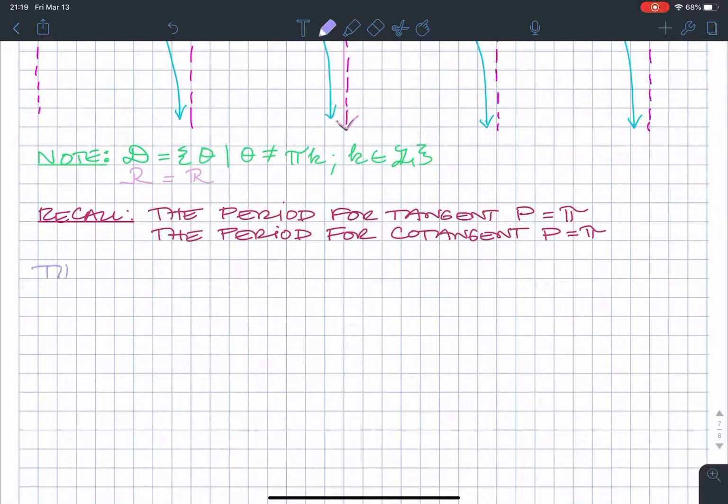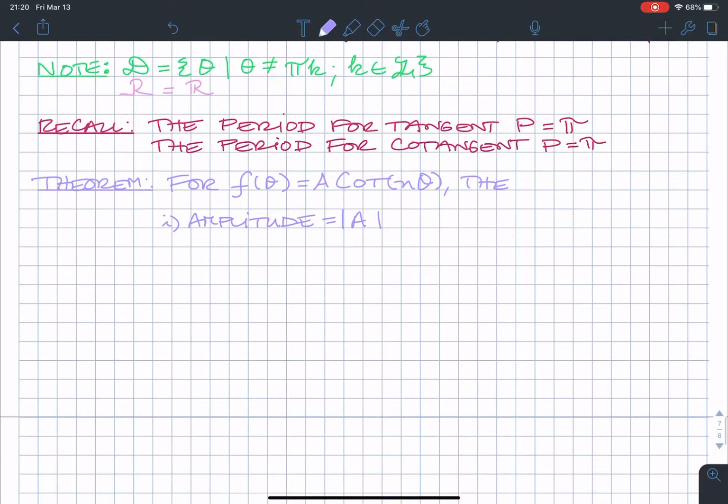So, theorem: for f of theta being equal to a times cotangent of n theta, number 1, the amplitude is equal to the absolute value, because it's a distance, of the coefficient a.